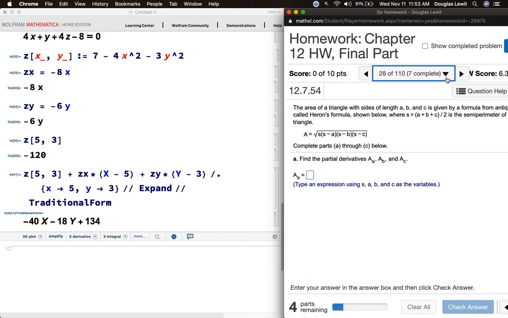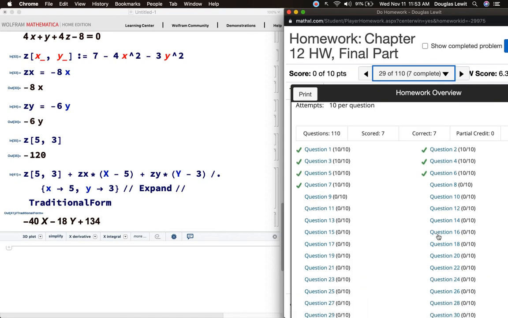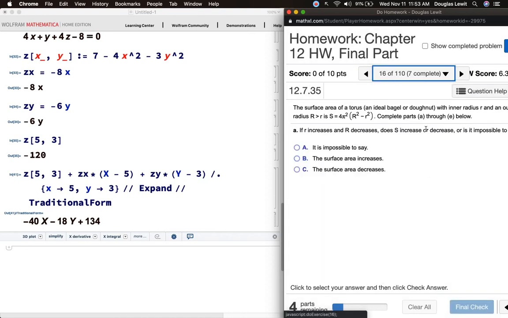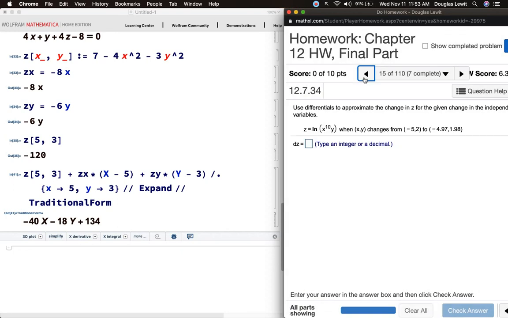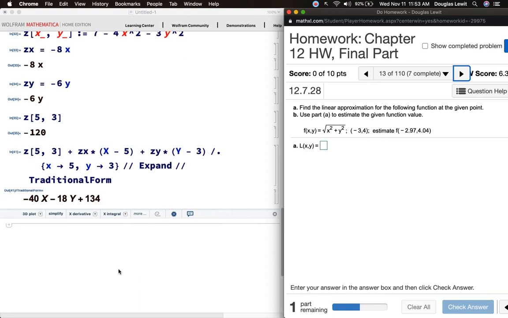This is a triangle problem. I'm looking for a very specific type of problem. Okay, I'll tell you what, let's do number 13. Number 13 is a little bit different from the problems we've been working on. So let's take a look at number 13.